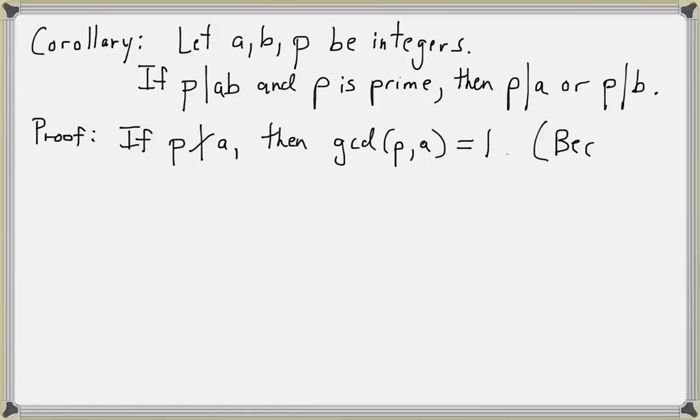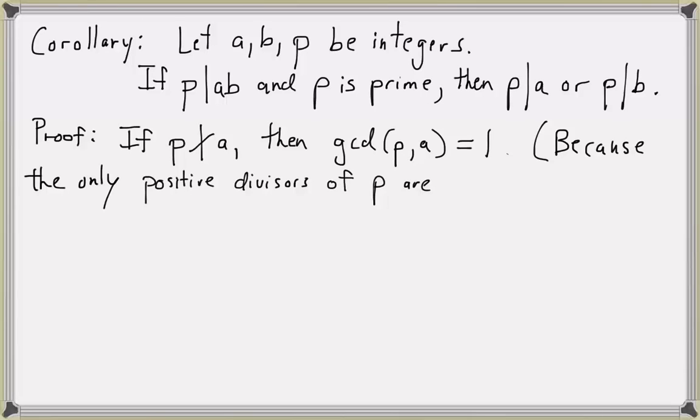Well, because the only positive divisors of p are 1 and p. So if p doesn't divide a, then p is not a divisor of a, and therefore the only other common divisor could be 1. So if the greatest common divisor of p and a is 1, then p and a are relatively prime.